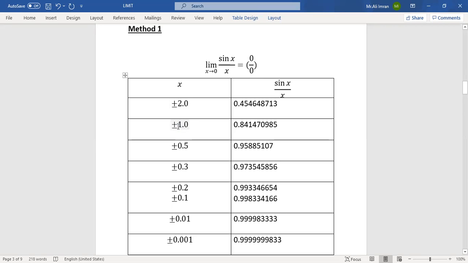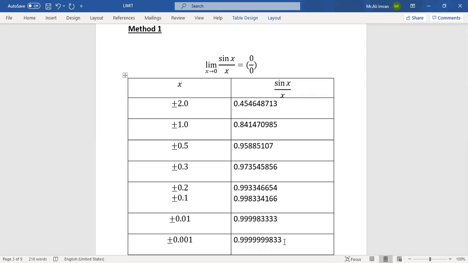Now we give the value plus minus 1, then we get 0.8414790. In a similar manner, we come closer to x is equal to 0. If we give the value plus minus 0.001, we get the result 0.9999833, which is nearly equal to 1. This is one method to study the limit.